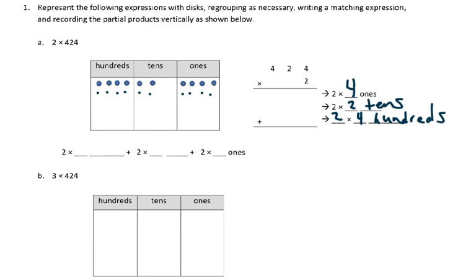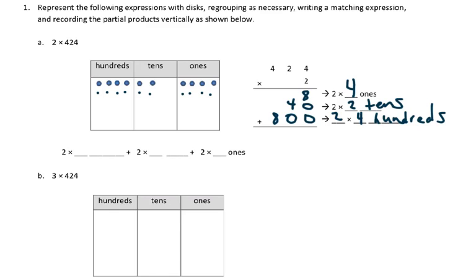2 times 4 ones is 8, so I have 8 ones here. And I can look at my place value chart. 2 times 2 tens is equal to 4 tens, and 4 tens is 40. And for the hundreds, I have 2 times 4 hundreds, which is equal to 8 hundreds, and that is 800.